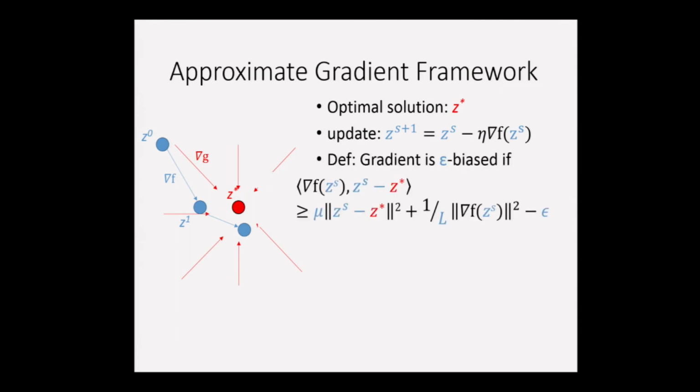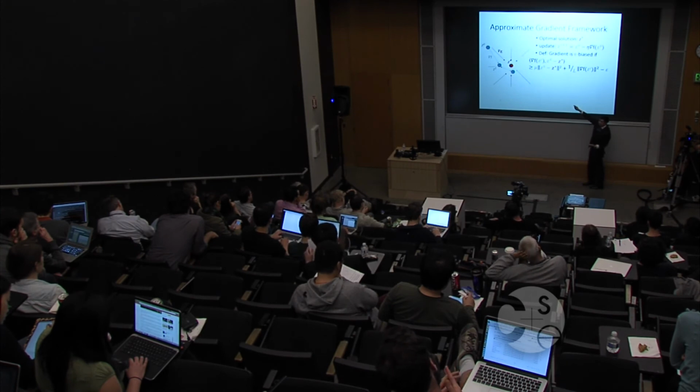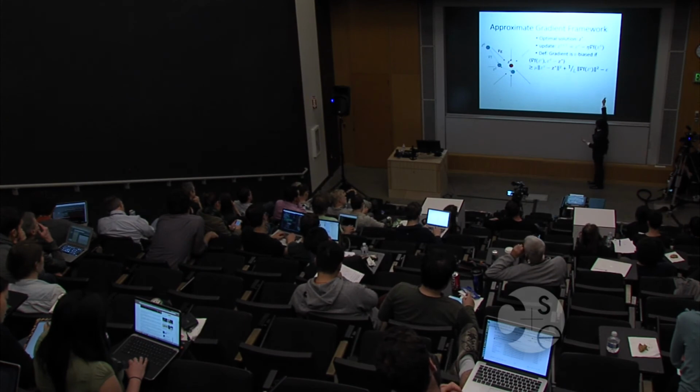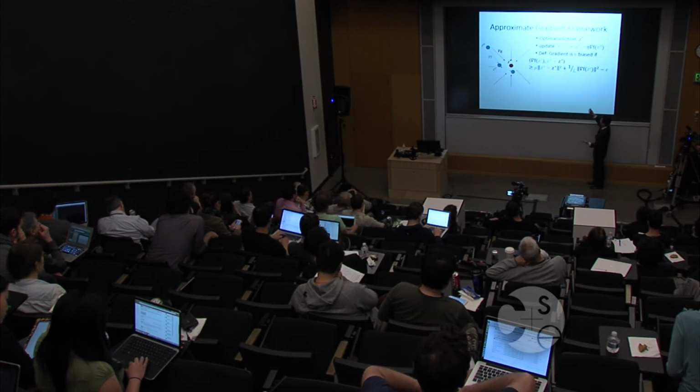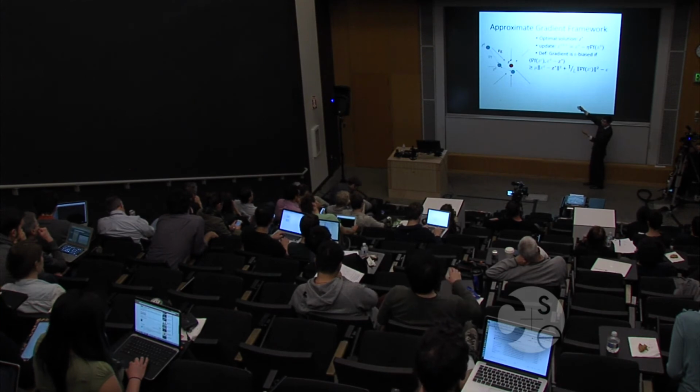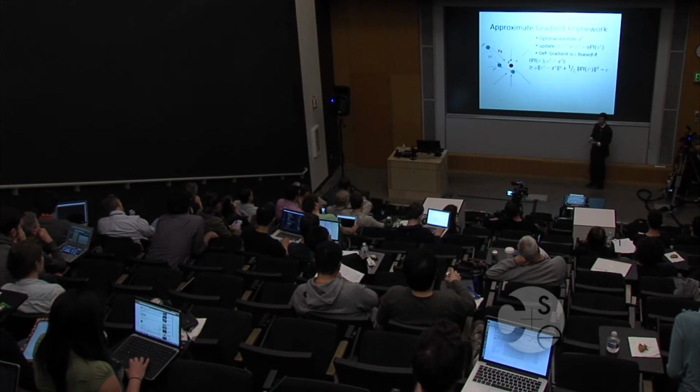Formally, we would say the gradient of f is epsilon biased if this formula is satisfied. It might seem very complicated, but you can ignore this formula, except the important point is that if I have the gradient of g instead of the gradient of f, then the same thing will hold, except we don't have this minus epsilon term at the end. So what we mean by epsilon biased is just that the same thing that was true for the gradient of g is also true for the gradient of f, except we have an extra minus epsilon term.